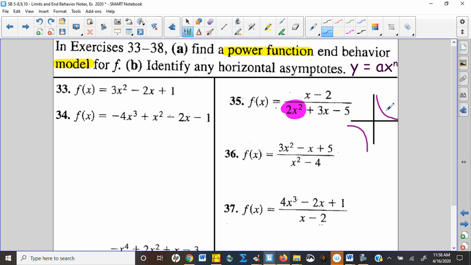Well, it's just 1 over 2x, the power function or end behavior model. What's the asymptote? Well, it looks like it's approaching 0 in both directions. So y equals 0 would be your horizontal asymptote for number 35.